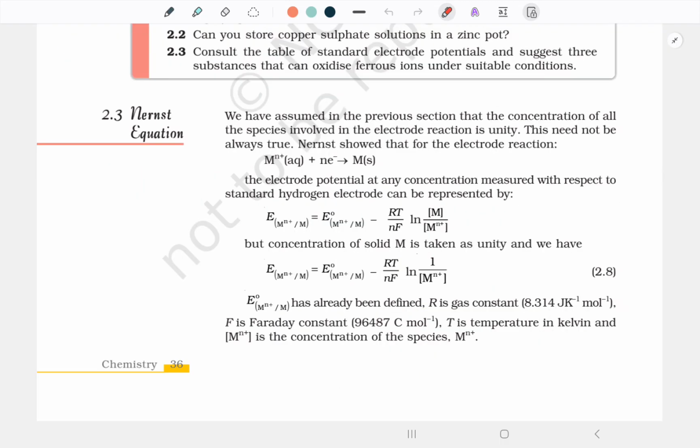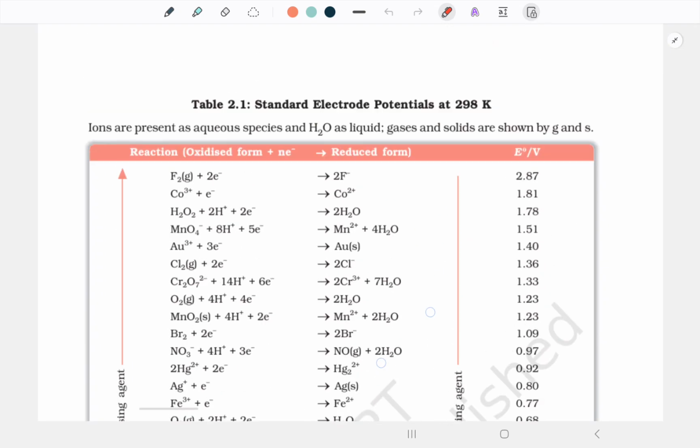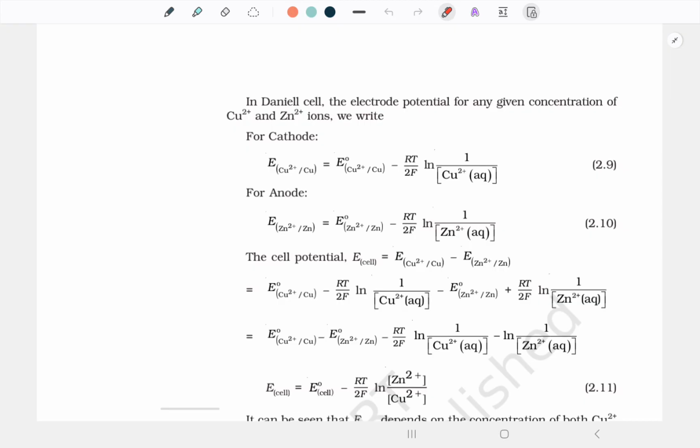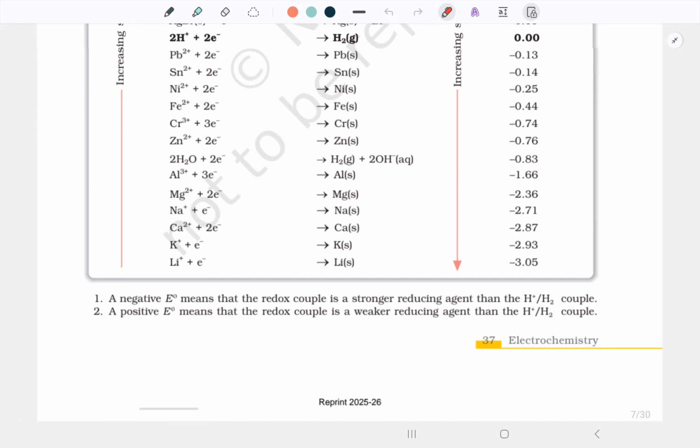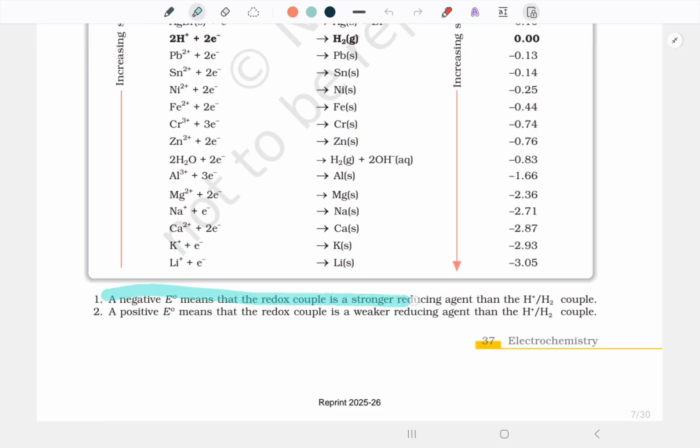In the previous part we have studied the Nernst equation and we have completed the electrochemical series, and the first is the F and the least is the lithium plus, and these are the 2 points which are to be noted. The negative E0 means the redox couple is a strong reducing agent, while positive E0 means the redox couple is a weaker reducing agent.